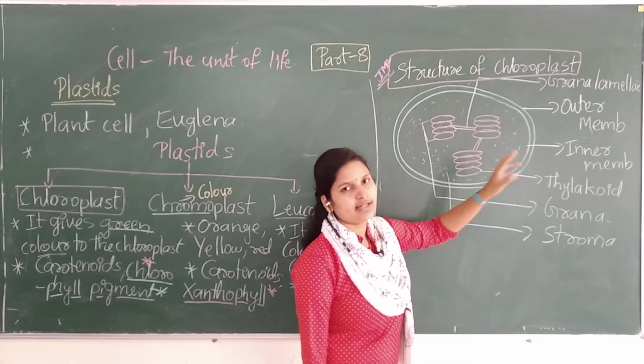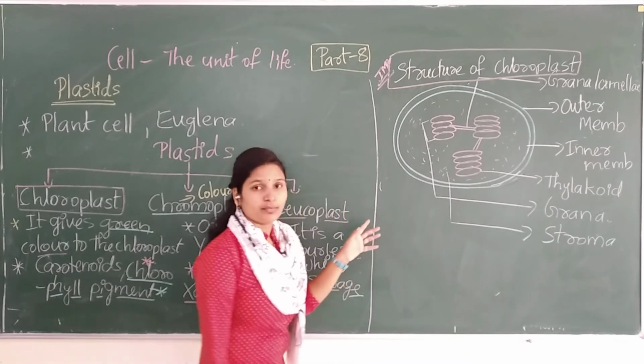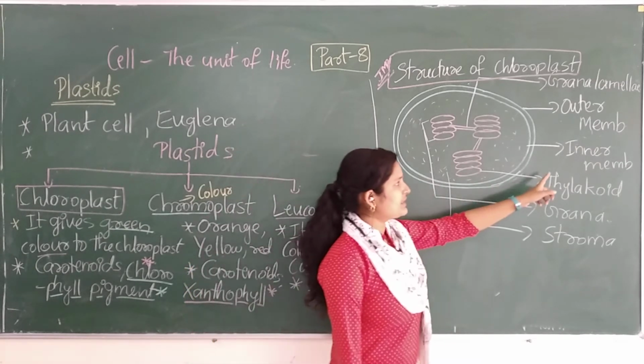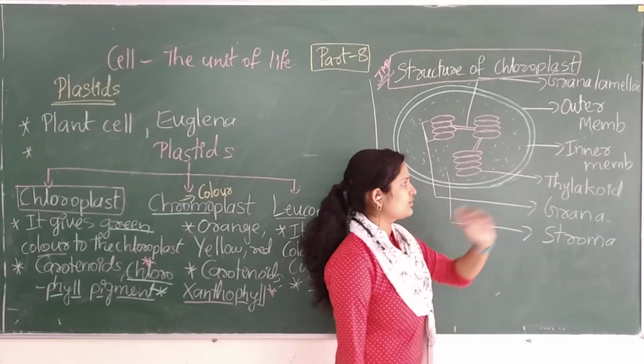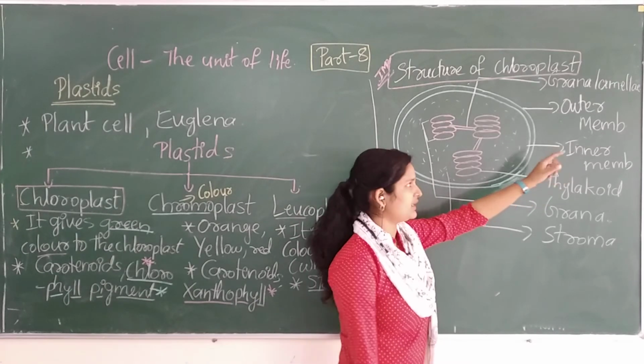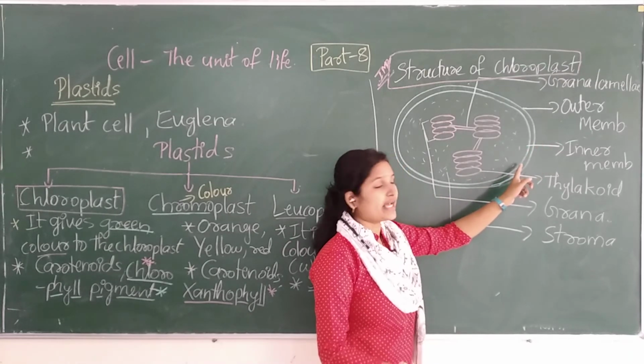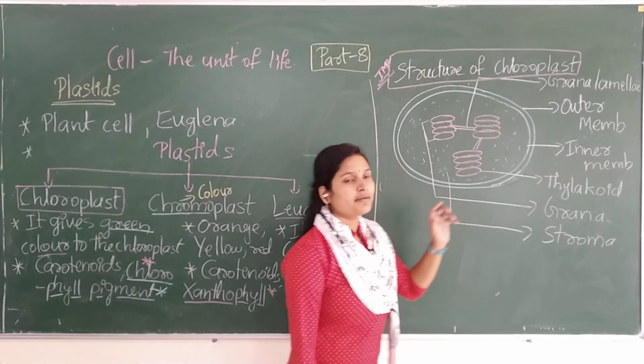These are the two layers, and we call chloroplast a membrane bound organelle. So there is the presence of two layers, I mean to say membranes. The outer one is the outer membrane and inside that we call it the inner membrane.